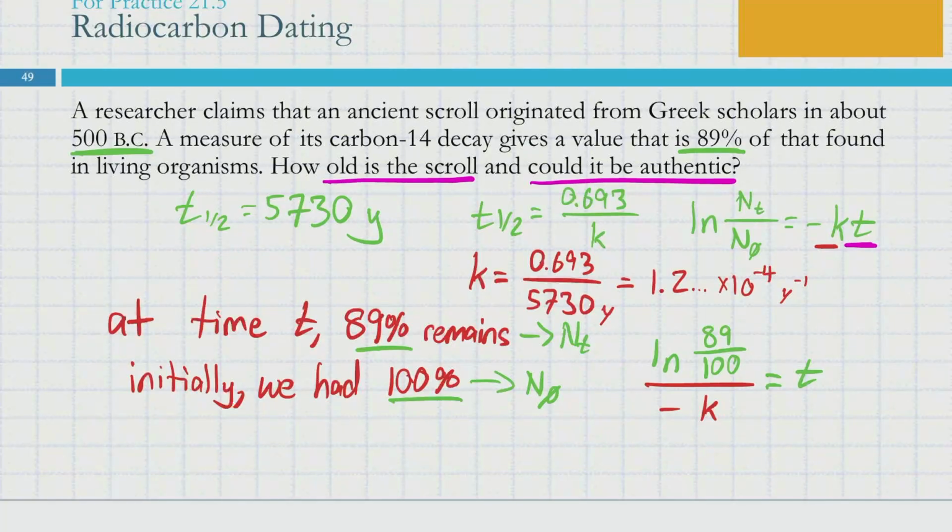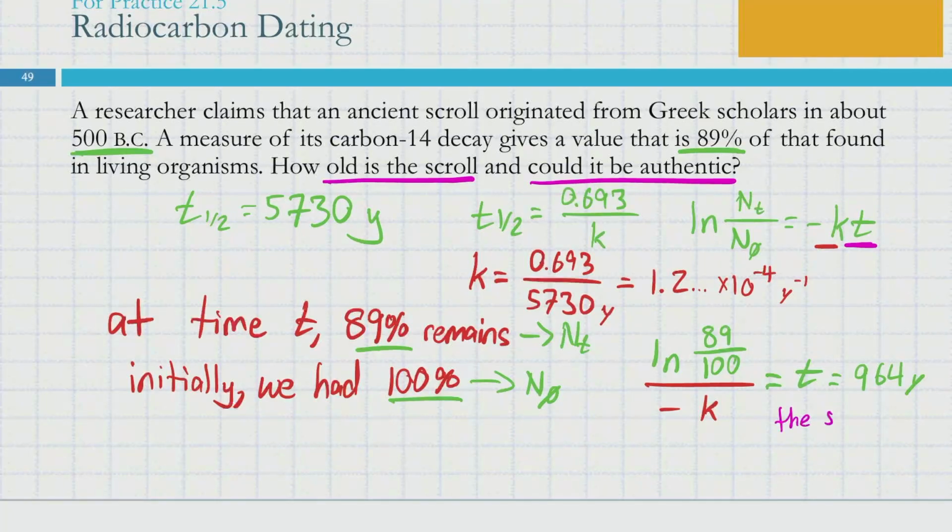The time value is 964 years. So this scroll, by our radiocarbon dating, is about 964 years old. This answers the first part, how old is the scroll?